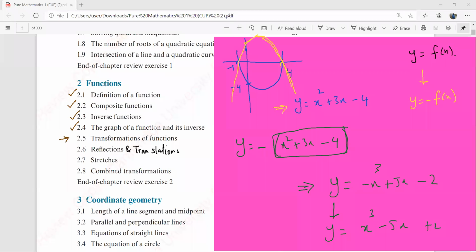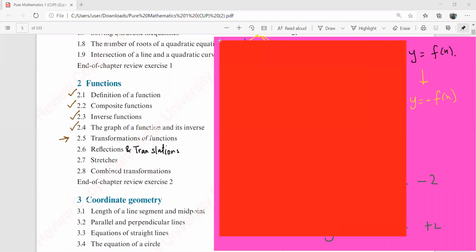Now I'll be taking you to the reflection in the y-axis. Now see, students, you must have noted this down here, that is how this function changes when you reflect a function in the x-axis.